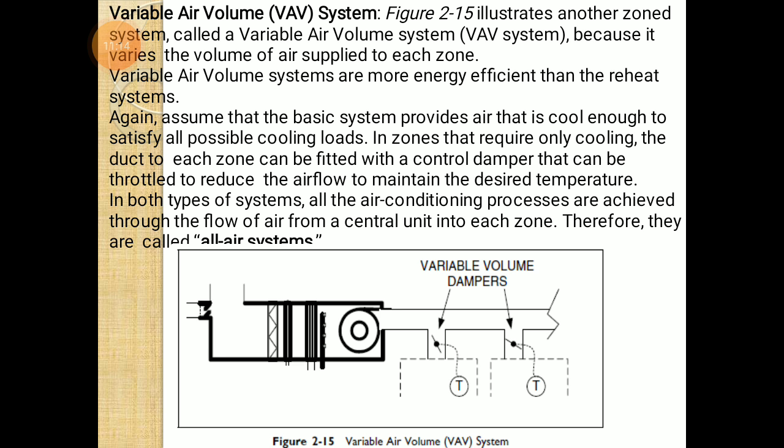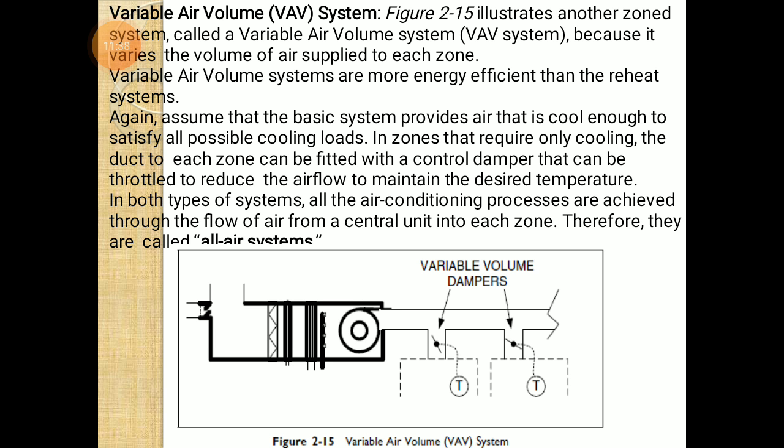Again, we have to assume that the basic system provides air that is cooled enough to satisfy all possible cooling loads. In the zones that require only cooling, the duct to each zone can be fitted with a control damper that can be throttled to reduce airflow to maintain the desired temperature.